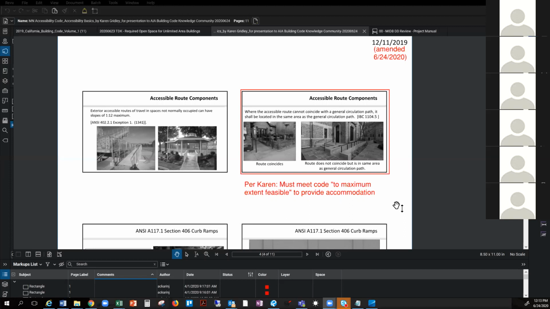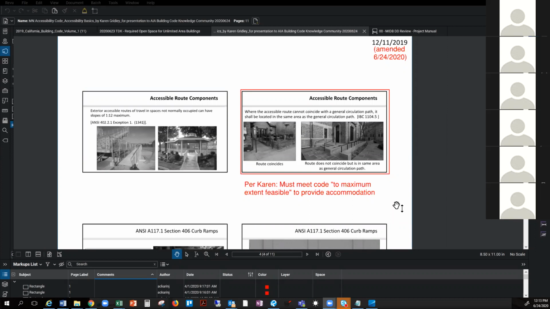It must meet code to the maximum extent feasible to provide accommodation, meaning especially with existing conditions where you have the IEBC and you're brought to this code, not all times are you going to find it possible to get the ramping to meet the provisions of the code. So there is some latitude to it, and this is one of them.